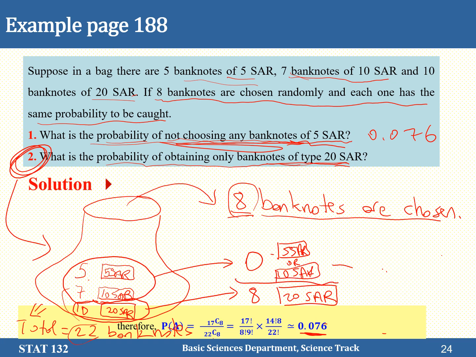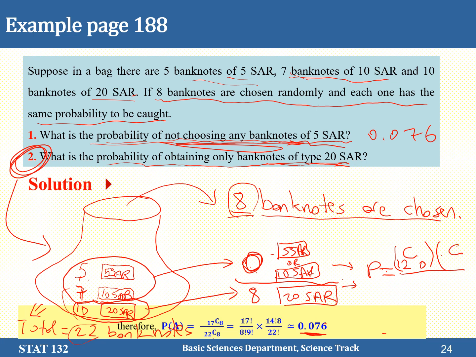So from the hypergeometric distribution probability formula, this is just 0 choose... Okay, now we are choosing 0 from 12. So 5 plus 7, it's 12. Now choose 0 times 8 out of 10.